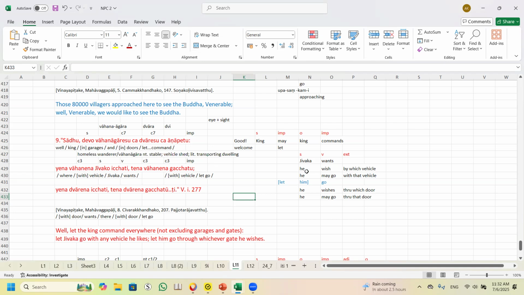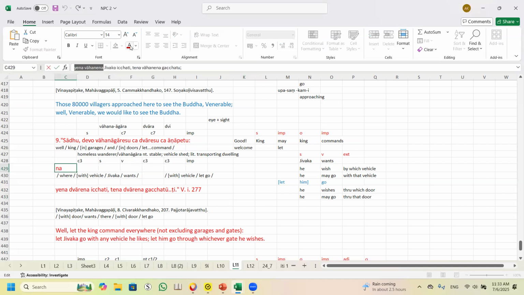So instead of using one, I change it to which, because this is Jati. Jivaka, he wished. Can you see? Yena, same case, yena vahena. So in this case, by which vehicle? Can you see this one, change it to color, very hard to explain.